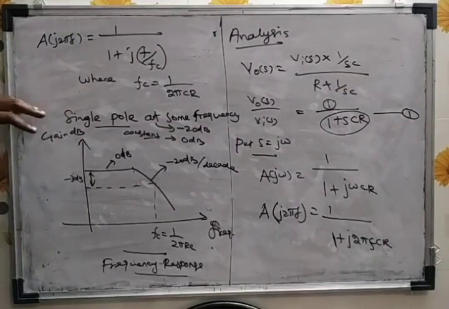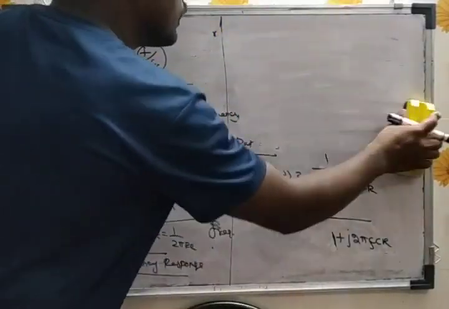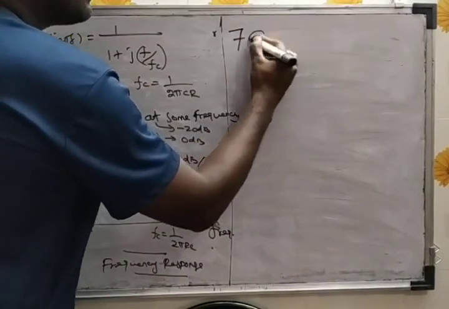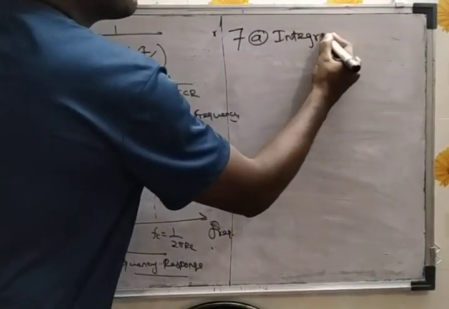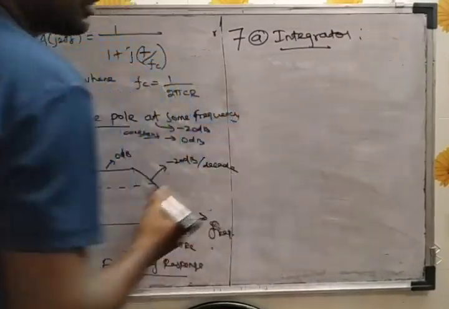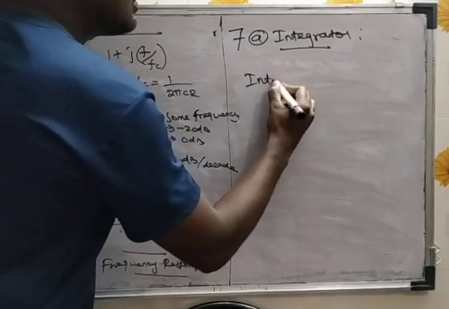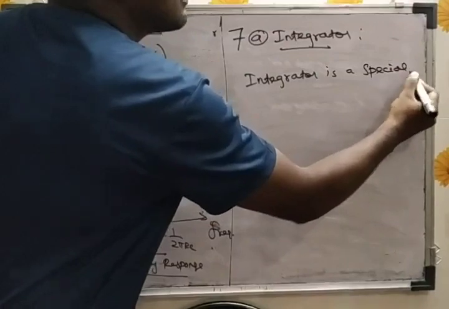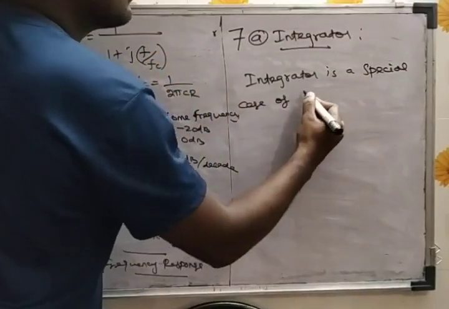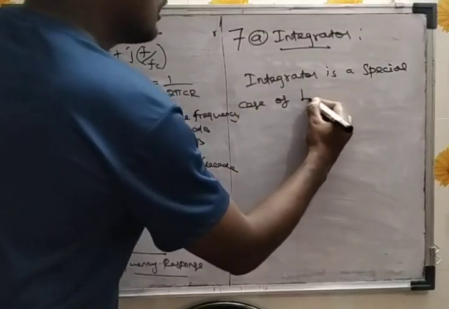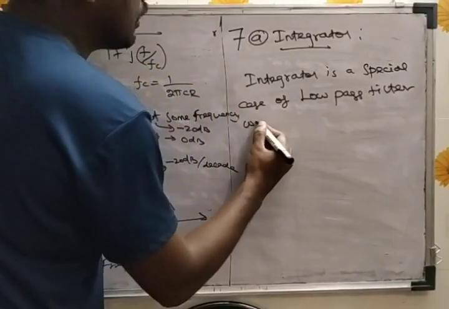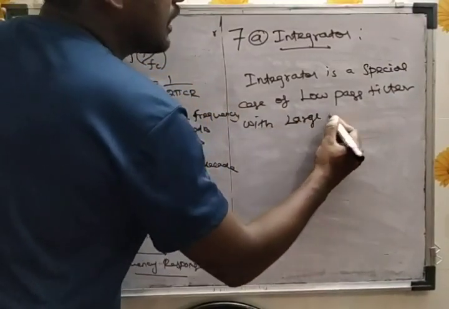Next we are going to see the integrator circuit. An integrator is a special case of a low pass filter with a large time constant.